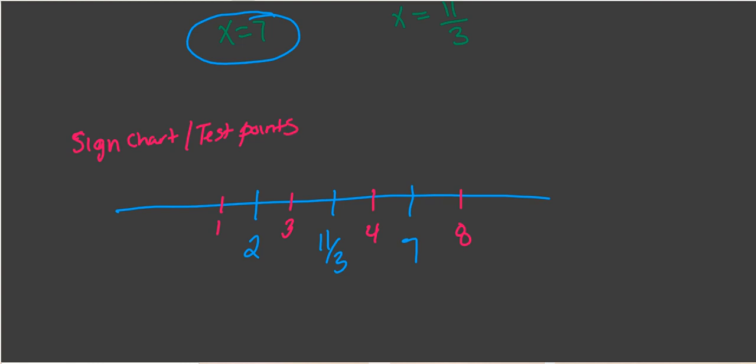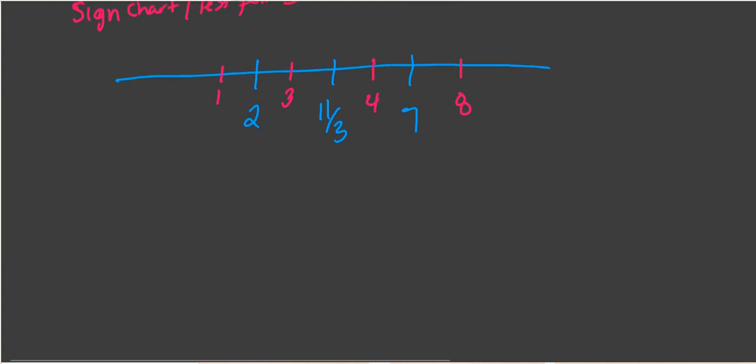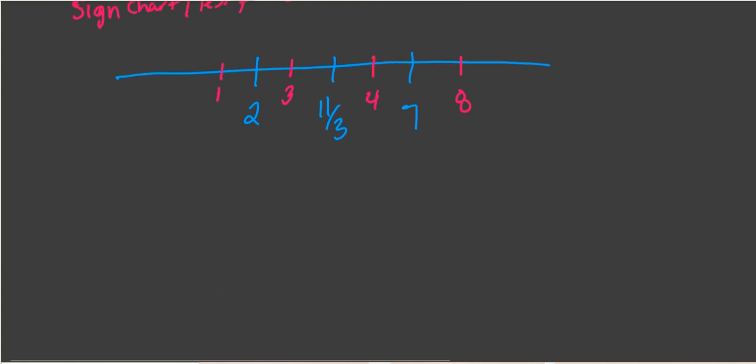So let's test our points. Not only are we going to test them in your first derivative, but you're also going to test them in your second derivative. So let's hypothetically say we're going to test number 1. Our first derivative, if you recall, is x minus 7 squared times x minus 2.